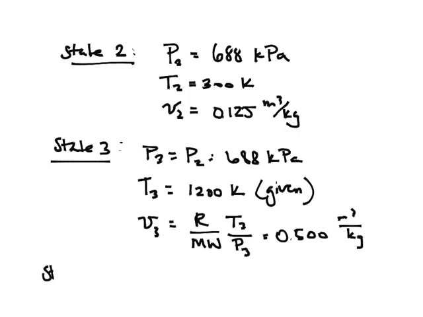All right, so now on to state 4, which is the last one we need. We know T4 equals T3 because it's an isothermal process. So that is also 1200 Kelvin. Again, this is given in the problem.